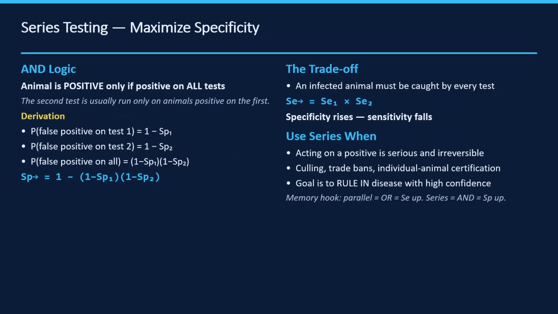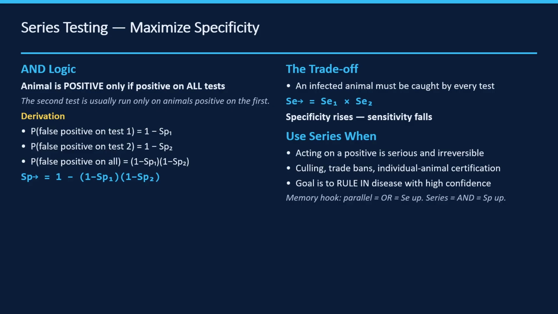Series testing is the mirror image: AND logic. You only call an animal positive if it's positive on every test. And typically you only run the second test on animals that were positive on the first. Same derivation style.